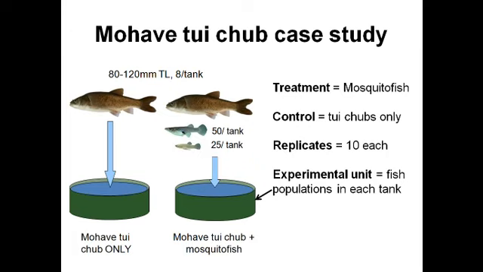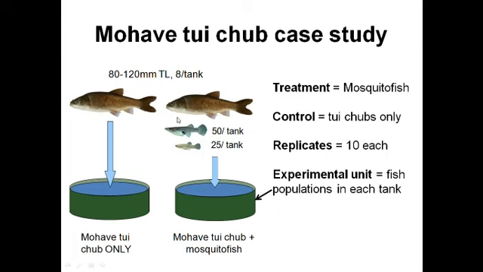So the typical standard is 30 replicates, but for this research, no, there's no way that I'm gonna maintain 60 tanks in the middle of nowhere. So what we did was we replicated each 10 times. So I had 10 Mojave tuichub only tanks and 10 Mojave tuichub and mosquito fish tanks.